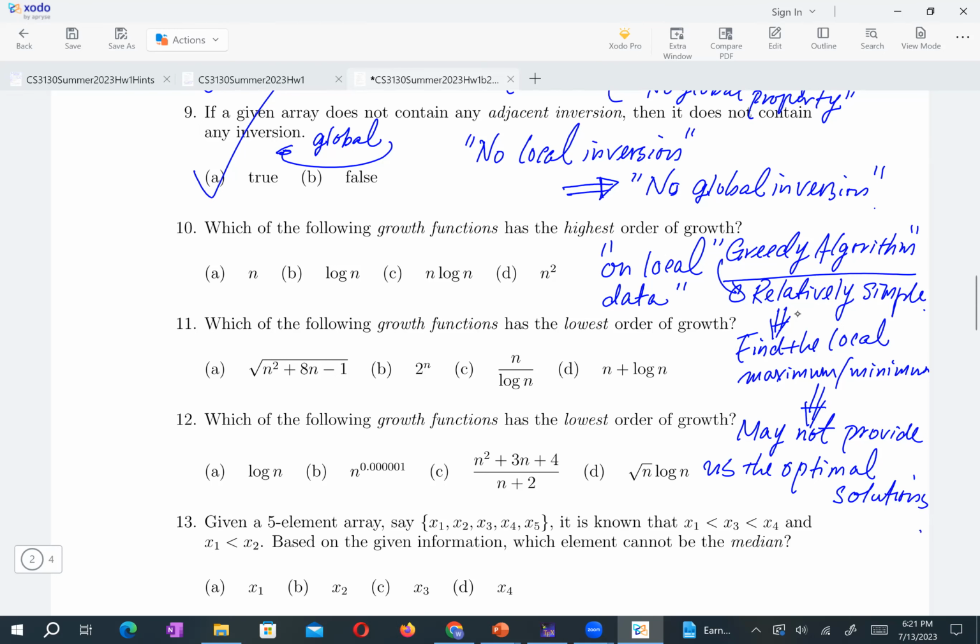What is an optimal solution? An optimal solution means you consider all your data globally, and it's the best solution, a global best solution. But the greedy approach just connects some local optima. It's something like getting to your destination: you start here, and your goal is here.